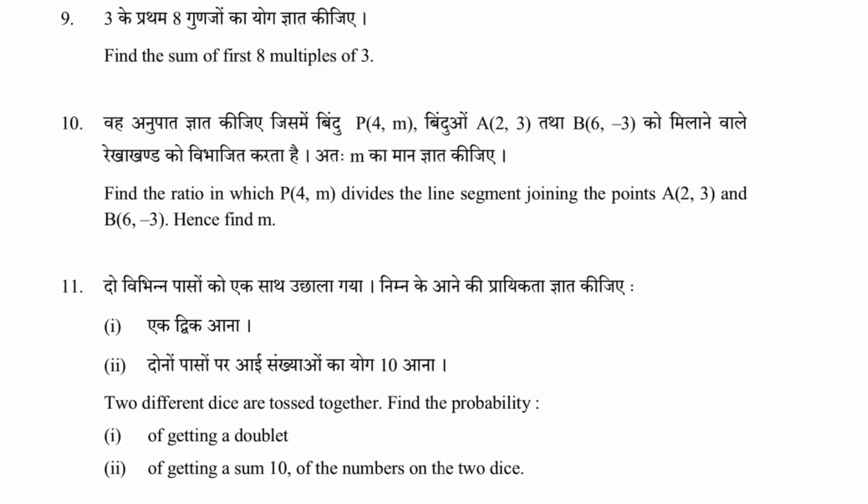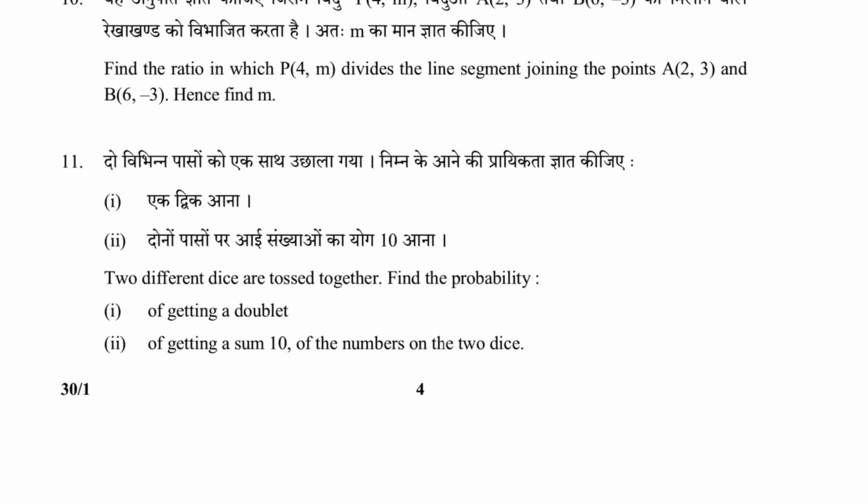Question number 11. In this we have two different dice tossed together, and we have to find the probability of getting a doublet and of getting a sum 10 of the numbers on the two dice. So in this question, two dice are tossed together.